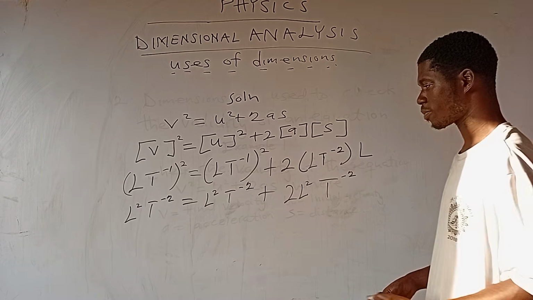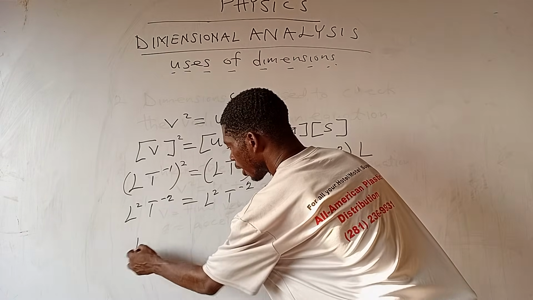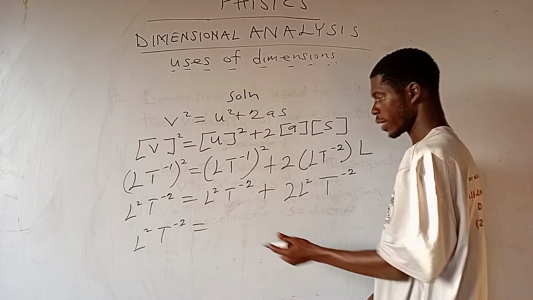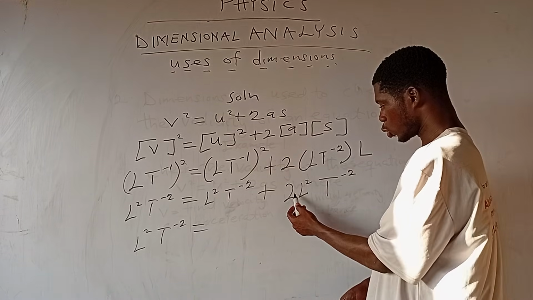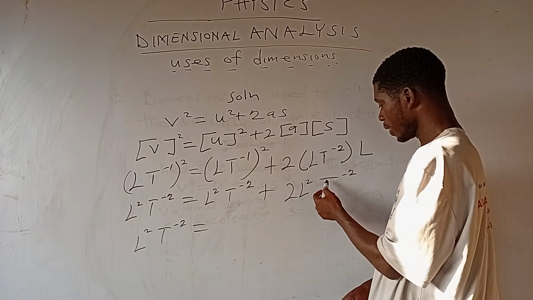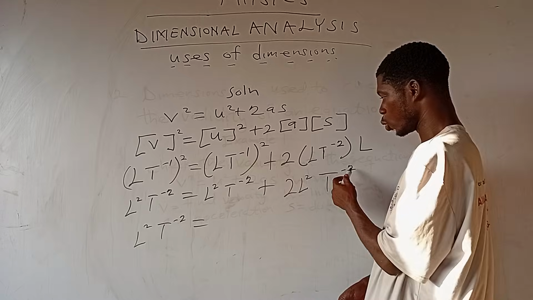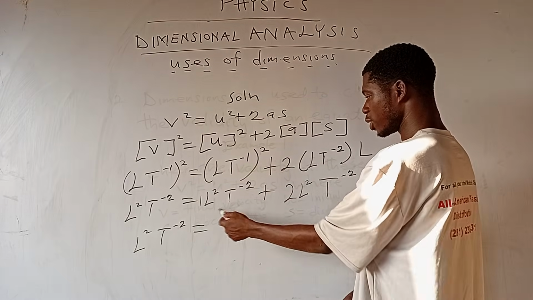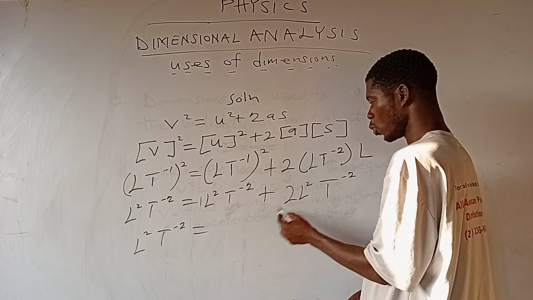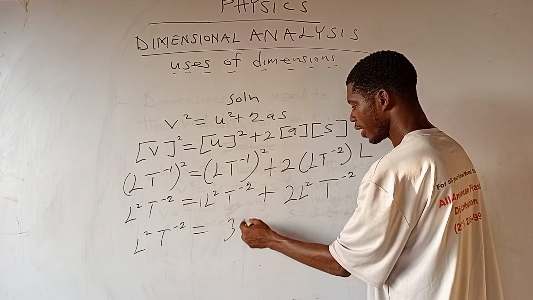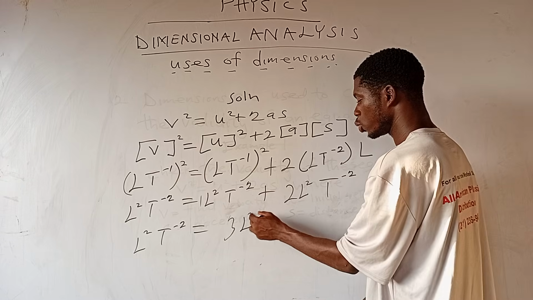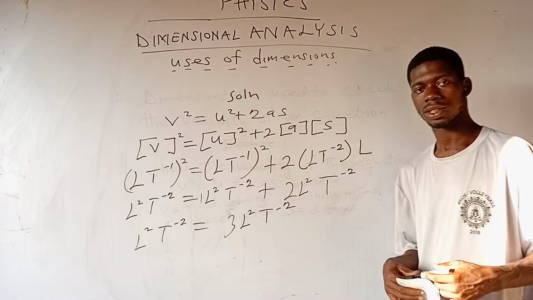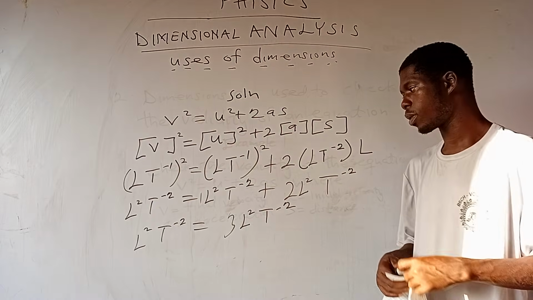So we have L2 T -2 equal to what is here is the same thing as what is here, but here the 1 is not written. So 1 plus 2 gives us 3L to the power 2 T to the power -2 as well.